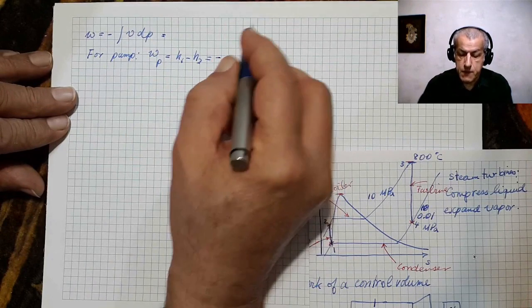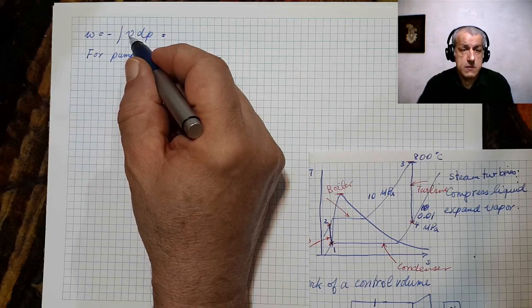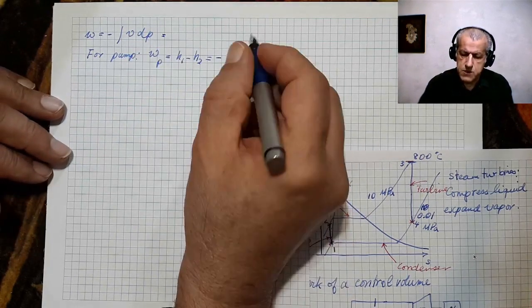minus, we usually assume V to be constant because it is compressed liquid and V doesn't change that much.